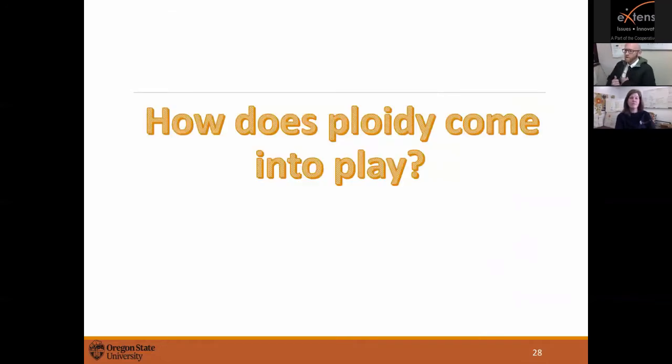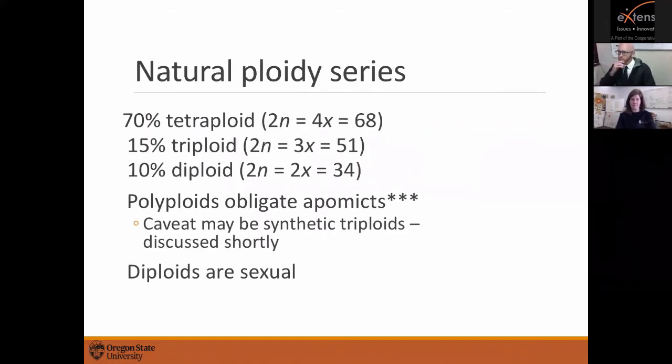So how does ploidy then come into play in breeding for disease resistance in Cotoneaster? Well, in Cotoneaster, there's actually a pretty broad natural ploidy series. About 70% of the species are tetraploids. About 15% are triploids, and only 10% are diploids.